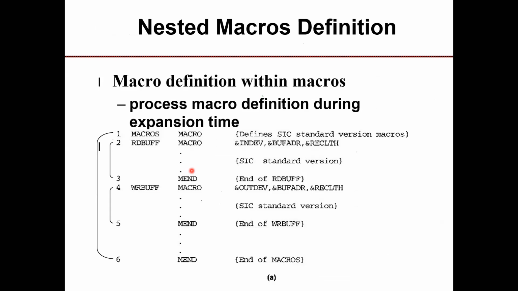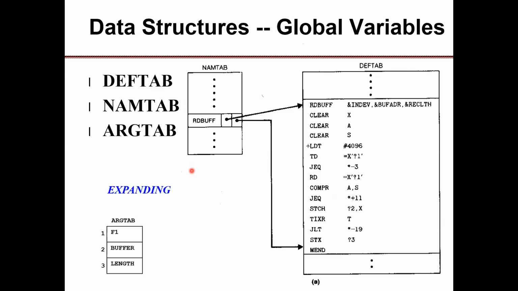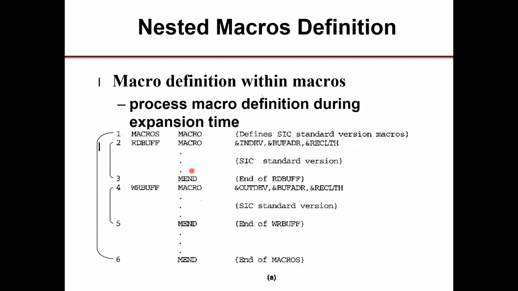All right, so let's see what happens then when we do the macro expansion using this example here. But answering a question somebody brought up last week saying, can we nest our macro expansions? And the answer to that is, yes, you can.